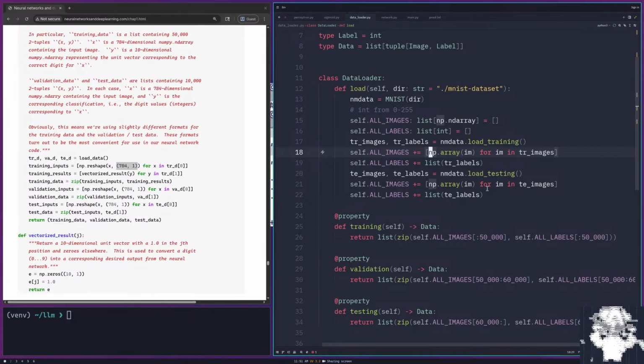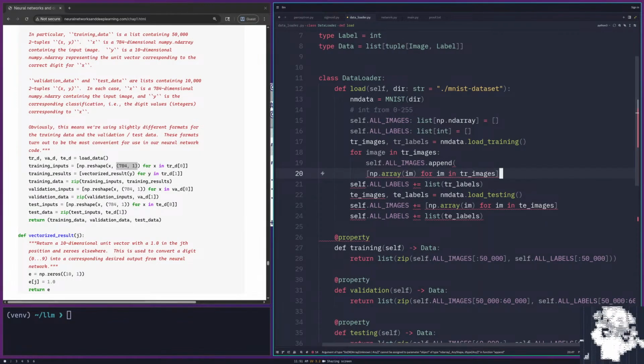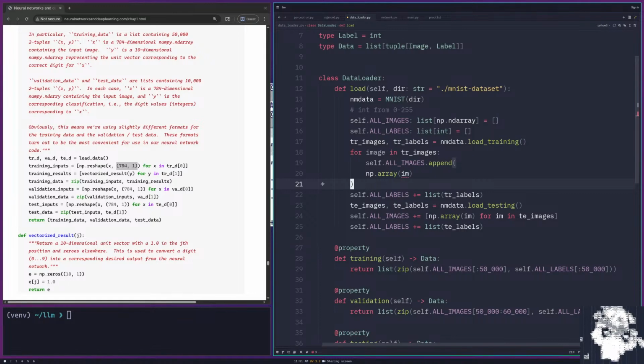Which means I need to do something like this, for image in the images, append the image, but don't just append the image.